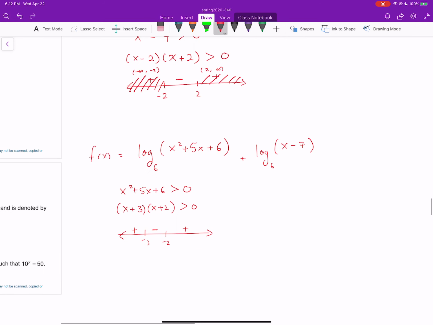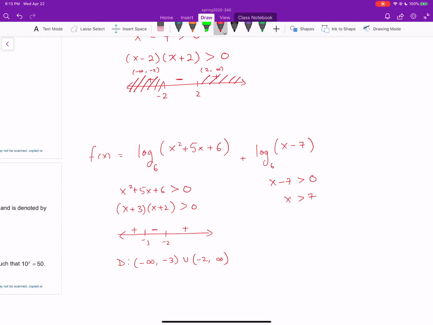So the domain for the first log function is negative infinity to negative 3 union negative 2 to infinity. If I look at the second one, x minus 7 has to be greater than 0, so x has to be greater than 7. That's fairly easy.